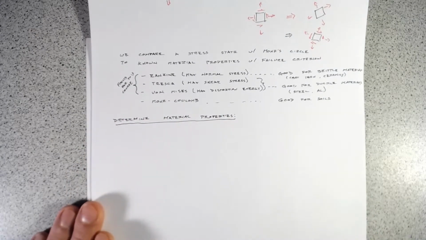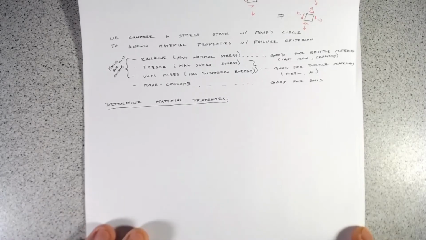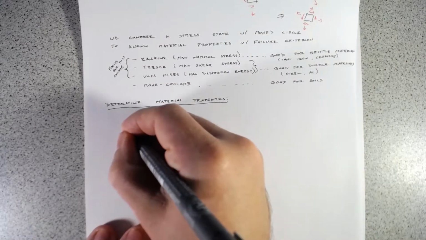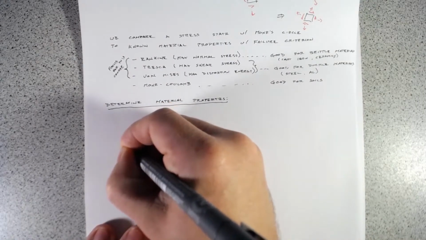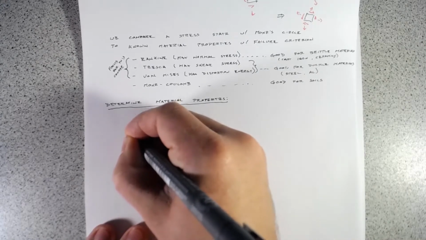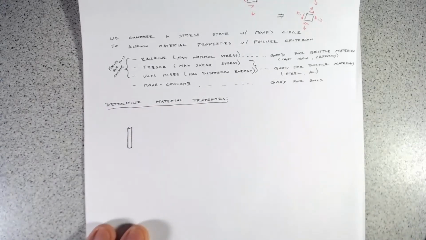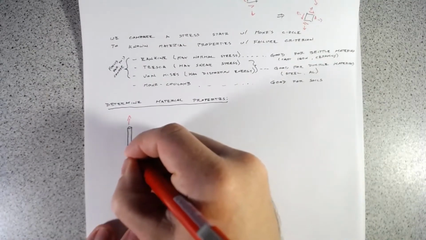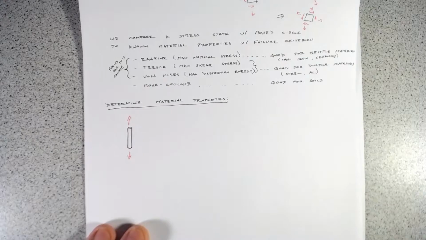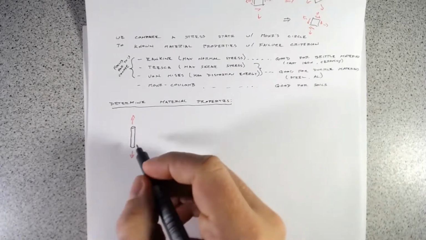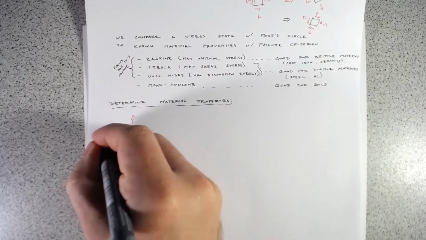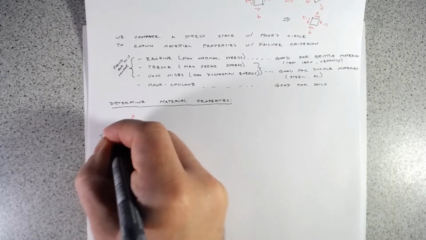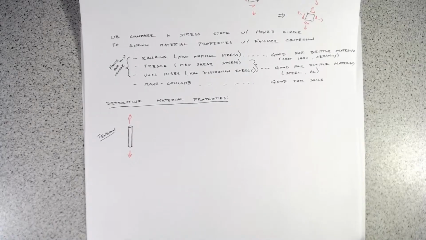And so the way that we determine these material properties, as I alluded to earlier, is we either do a uniaxial tension or compression test. So by uniaxial, it means, say for the tension test, we would just take this bar, so I'll just write tension here. We grab both ends and we pull it.